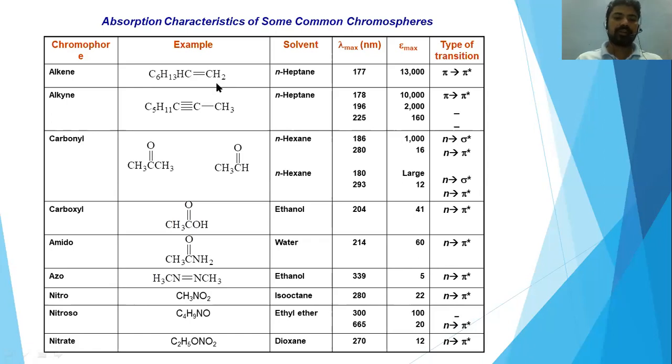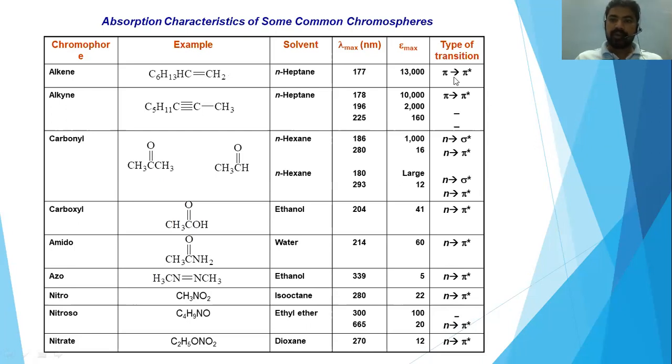Therefore, the molecular formula of the compound is C8H16, where we can find a double bond at the terminal carbon atom, so it is an octene. Whenever this octene is dissolved in n-heptane solvent, under the influence of UV visible radiation, it will participate in a π to π star transition because it has π bonded electrons in it.